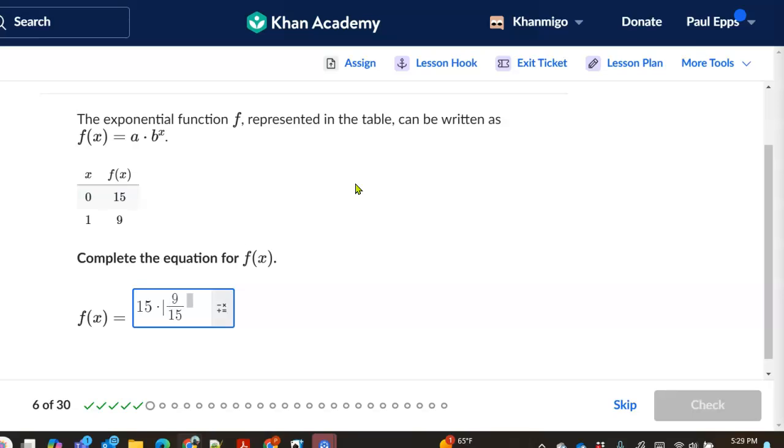Probably is, but 9/15, and we'll raise it to a power of x. So if x is 1, then f of x will be 9. All right, let's try it.